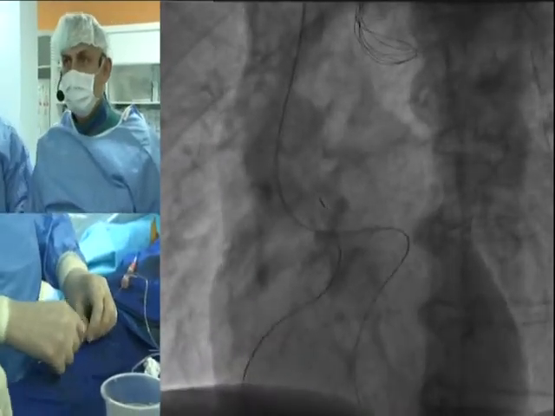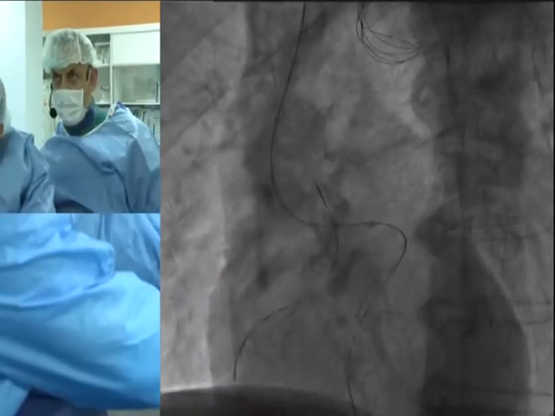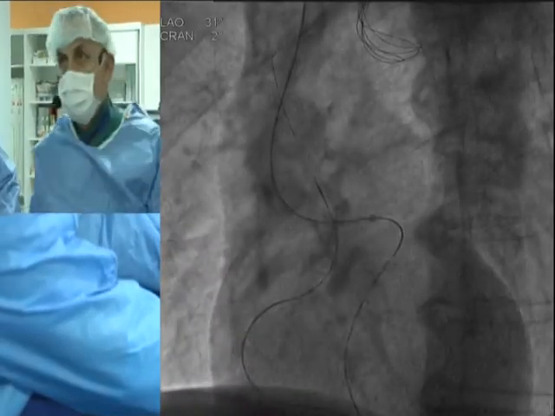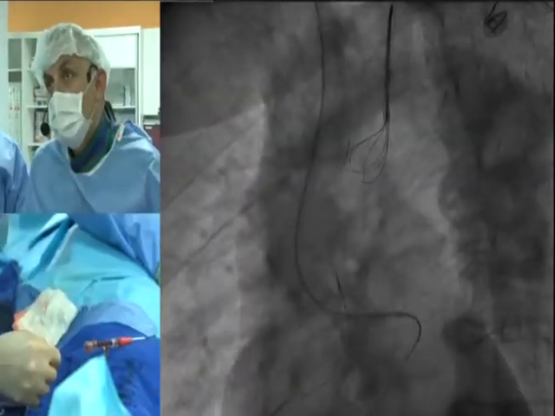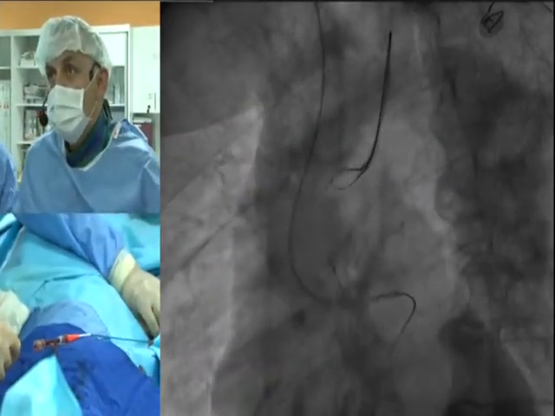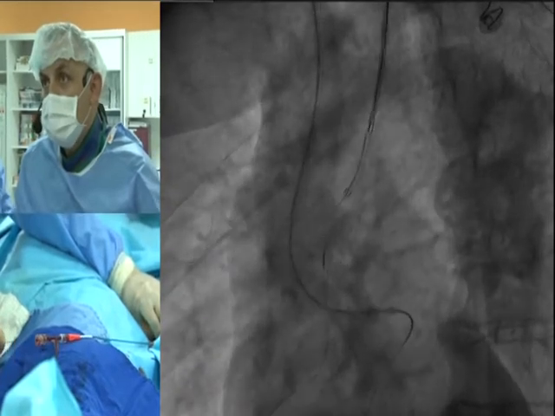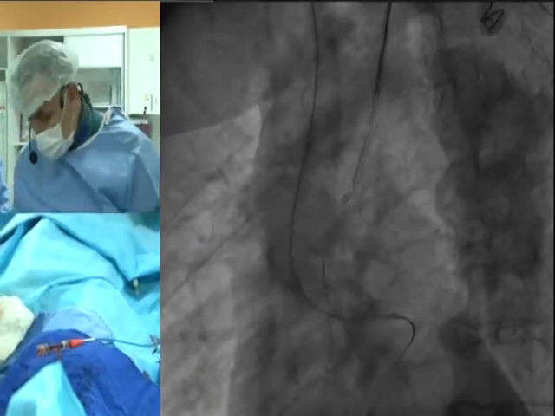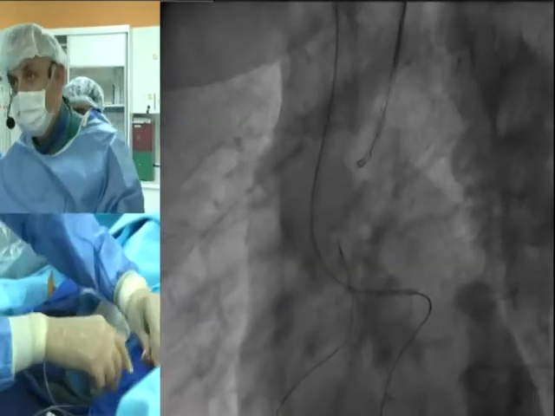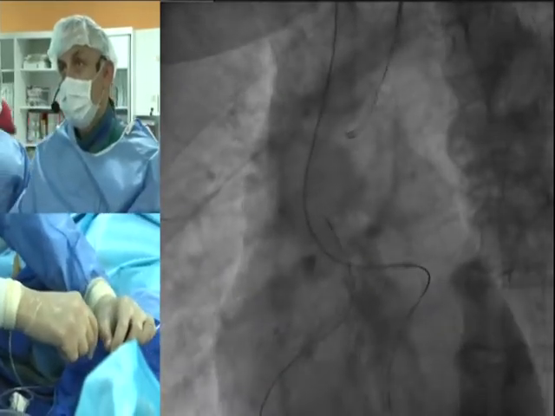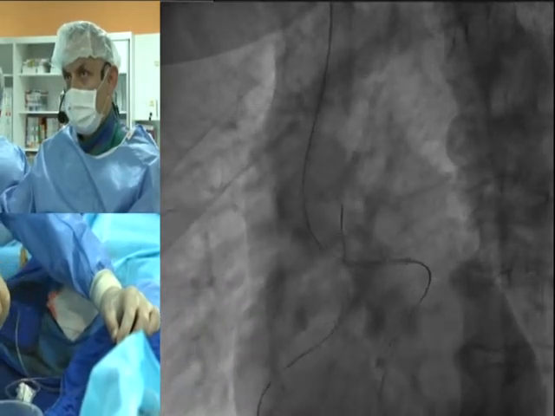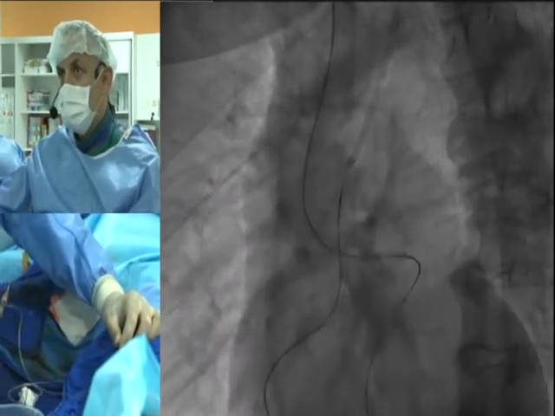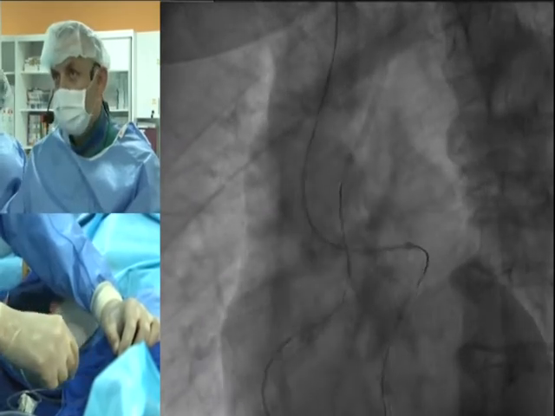Now I'm inserting RG to snare this one. Now, as you see, I catch the wire. I will have it inside, then I insert RG and pull back. Okay, so, and I will cut the RG from the proximal part.